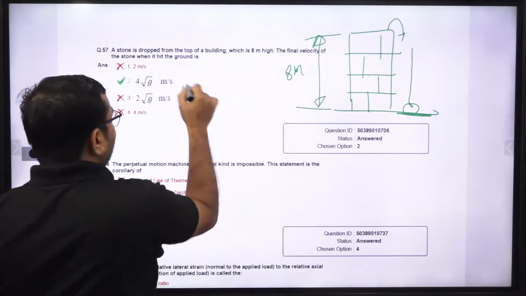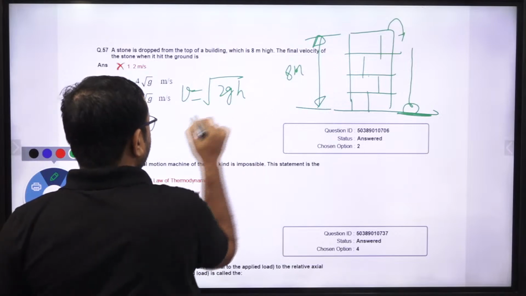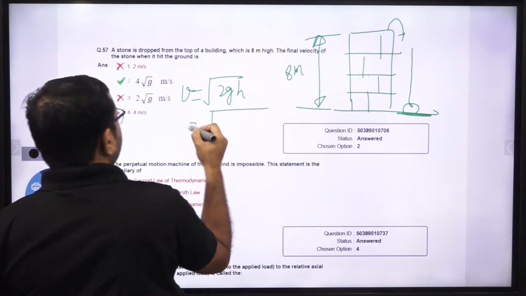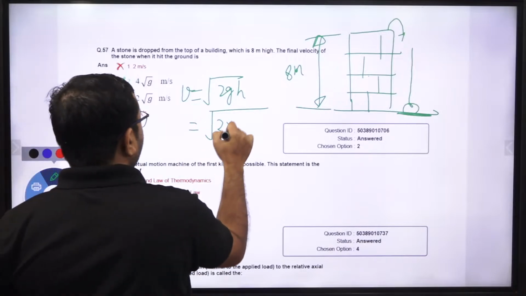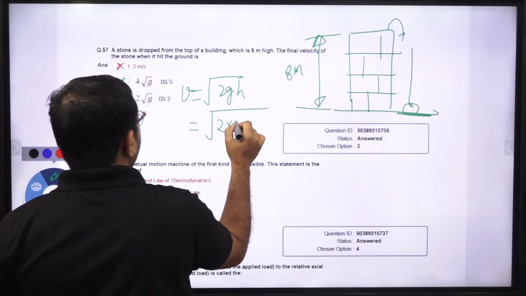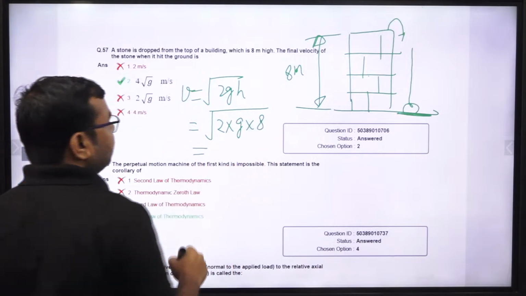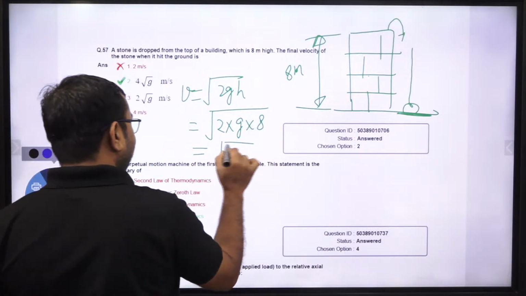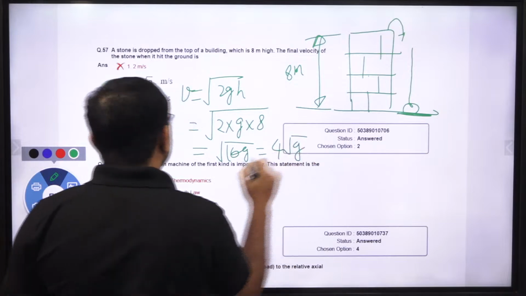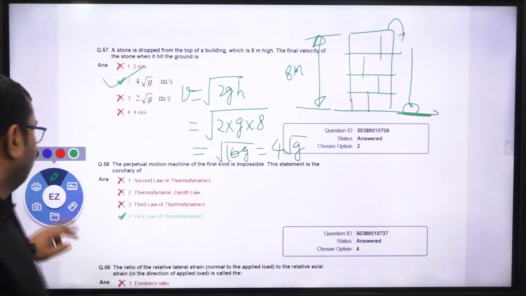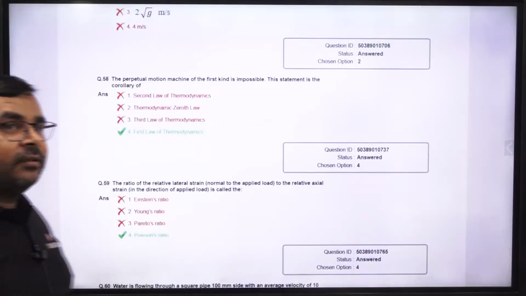So can I say the velocity of the stone at this height is root 2gh? So 2 into g, and h here is 8. So simply here we can get root 16g, or you can say 4 root g. So the correct answer is option 2. Yes or no?